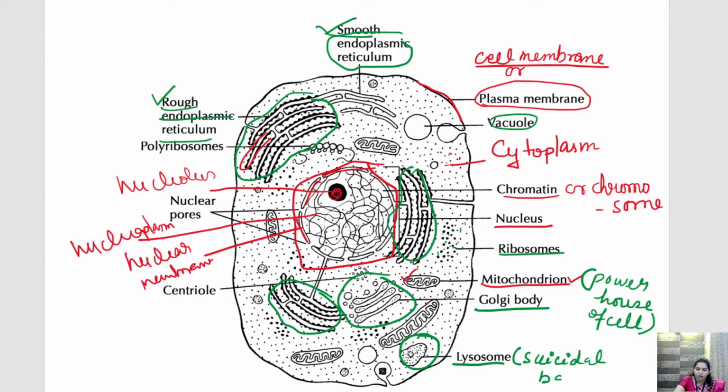Why is it called suicidal bag? Because all the cells that are not needed get destroyed in the lysosome. So it is called a suicidal bag. Getting it? So these things we have seen. Okay, we have talked about all these things.